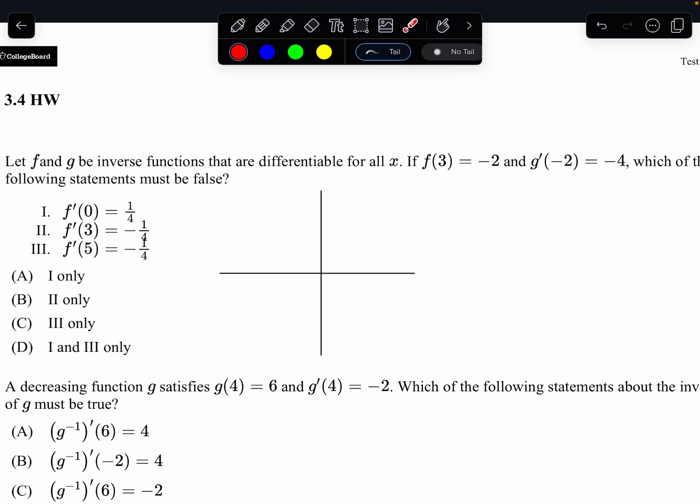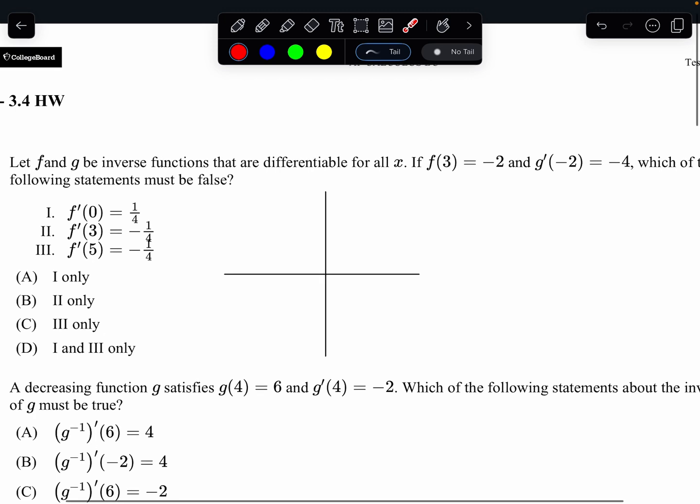Whenever I'm thinking about inverse functions, I always think about the point we're looking at. There are two different points we have to consider: a point on the function f and a point on the function g. We need to know both of these points and the derivatives at both of these points in order to complete the whole picture.